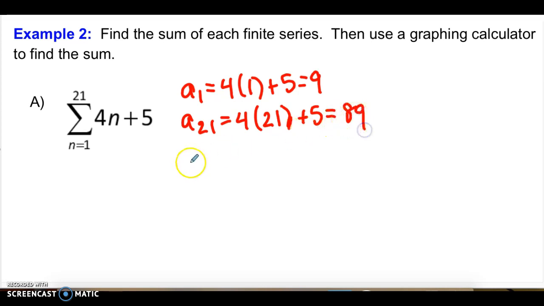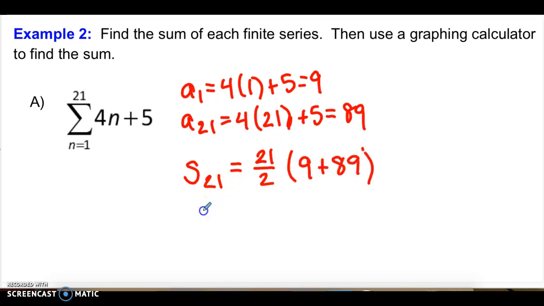Then we use our sum formula: the total number of terms, 21, divided by 2, times the sum of the first plus the last, and that gives us a total of 1029.